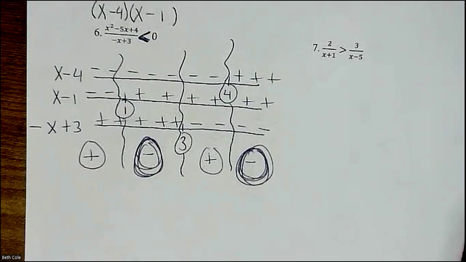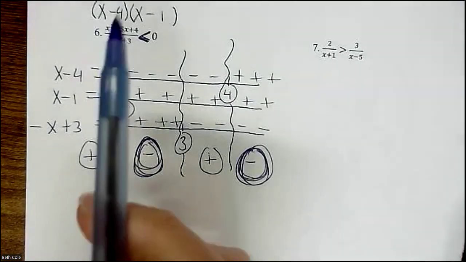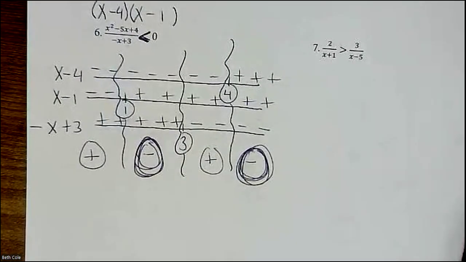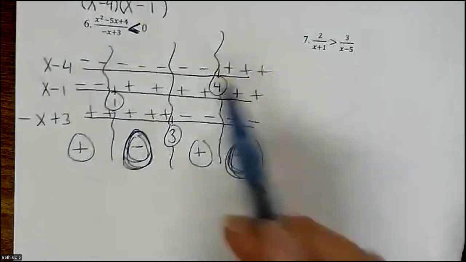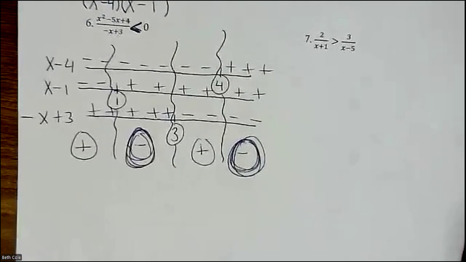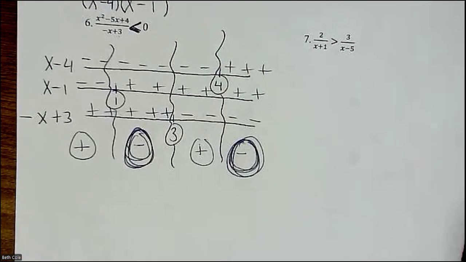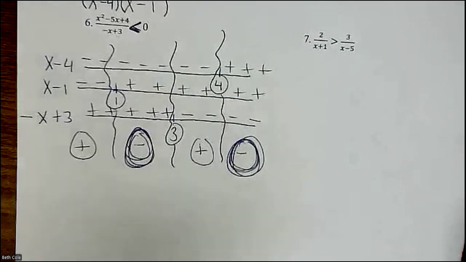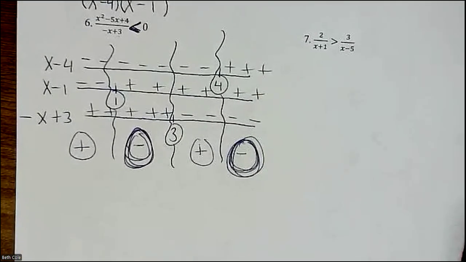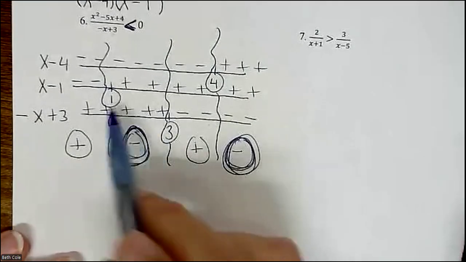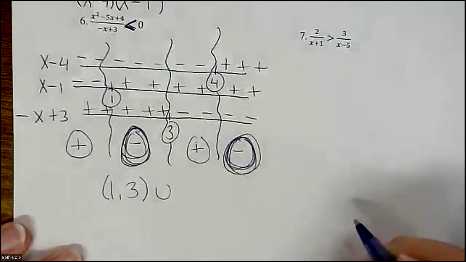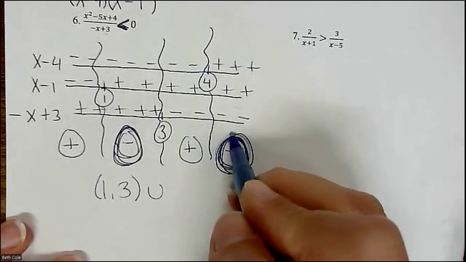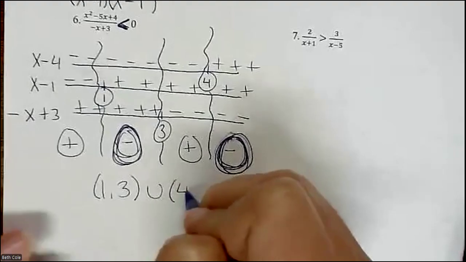It's not equal to. They're just all going to be parentheses. But your troublemaker would have been 3. If it's supposed to be a bracket, but you have a troublemaker you have to throw out, that's where you have to worry about it. But if they're all parentheses, it just doesn't matter. So what would your first section be? 1 to 3, good. And then union, 4 to infinity, good.